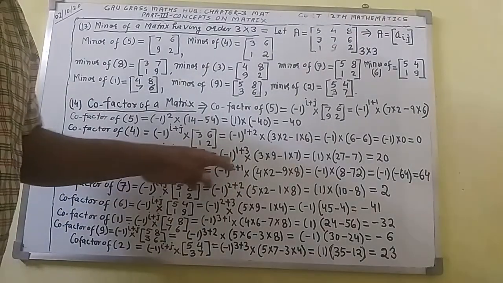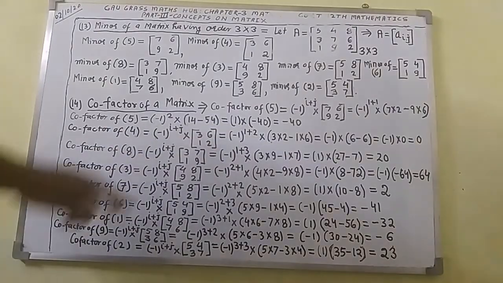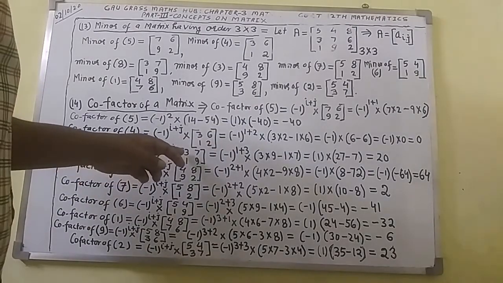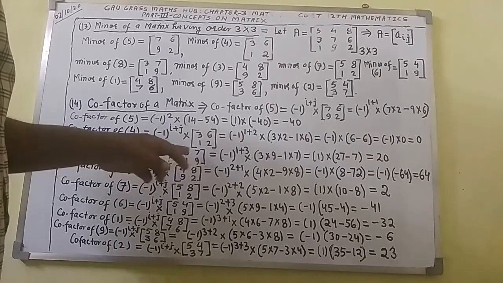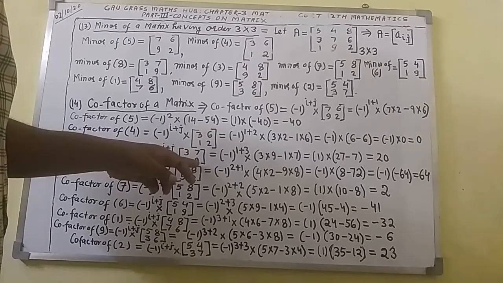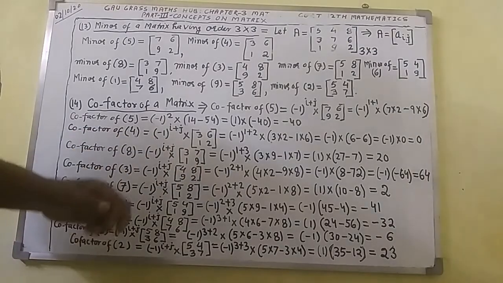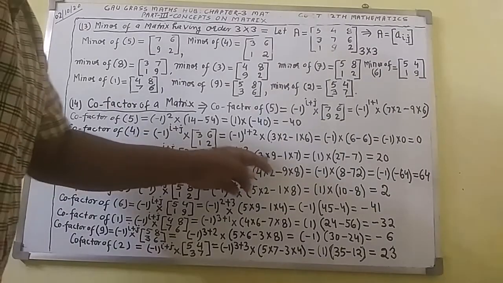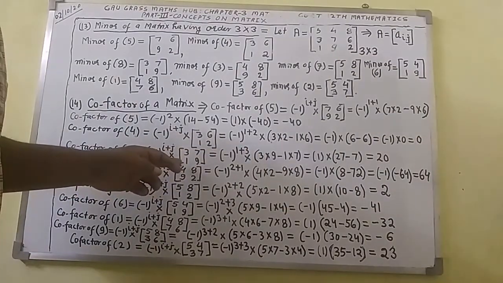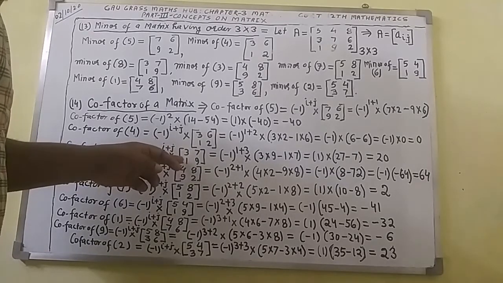So minus 1 raised to power 1 plus 3, into 3 will multiply with 9, because 3 and 9 are the elements in the principal diagonal. The principal diagonal elements will be multiplied first. Then minus, 1 and 7 are in the reverse diagonal.